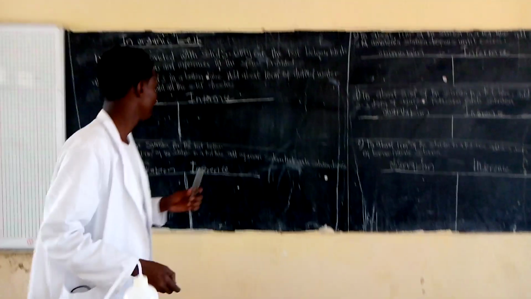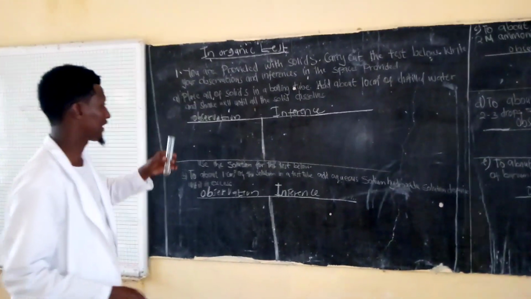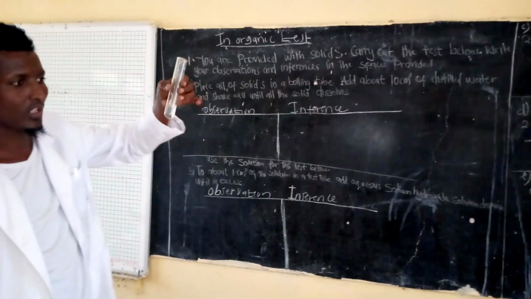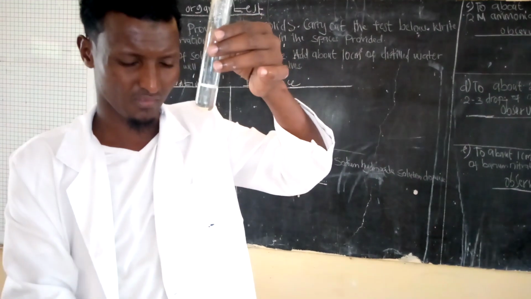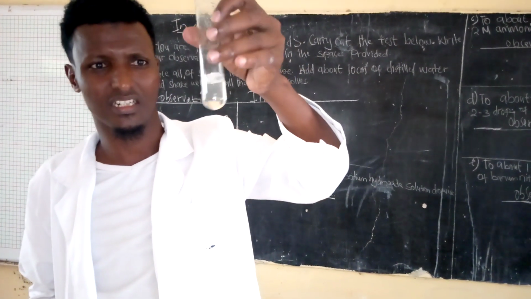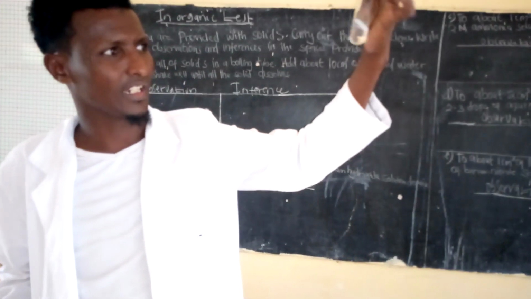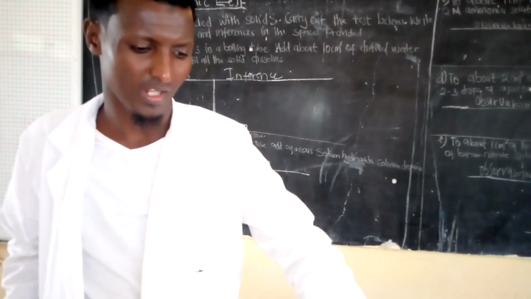Now we are told to write the observation. As we are seeing, the solid dissolved to form a colorless solution. It's clear. So how to write that?